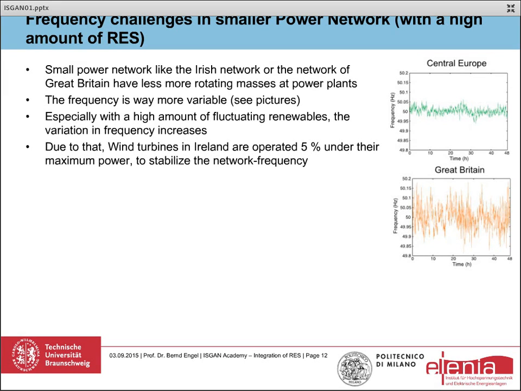So we see on the right side the frequency behavior of the continental frequency control zone, where we have only frequencies between 50.05 and 49.95, so plus minus 50 millihertz, whereas this fluctuation is much bigger in Great Britain.